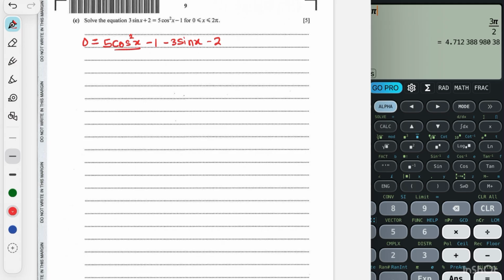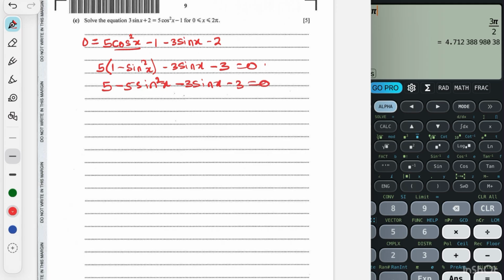So I will change this to 5 bracket 1 minus sine squared x. Then this will be minus 3 sine x minus 3 equal to 0. So 5 minus 5 sine squared x minus 3 sine x minus 3 equal to 0.